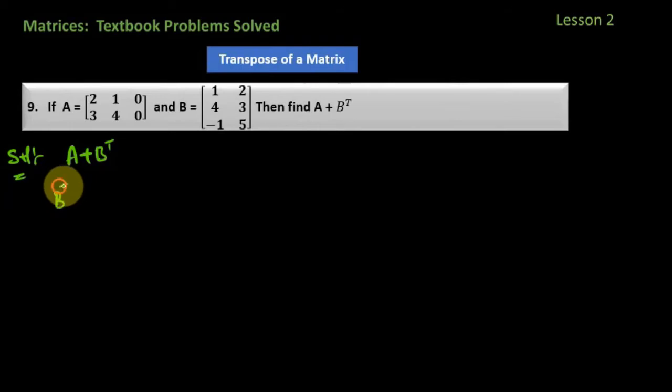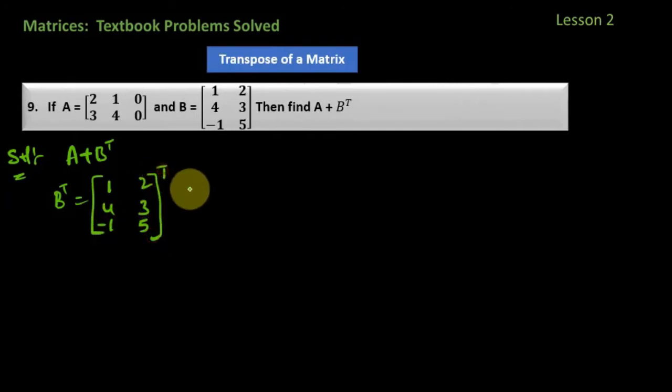So B transpose means what? What is the matrix of B here? B matrix is 1, 2, then 4, 3, and the last row is -1 and 5. Transpose of this matrix. So what will I get?